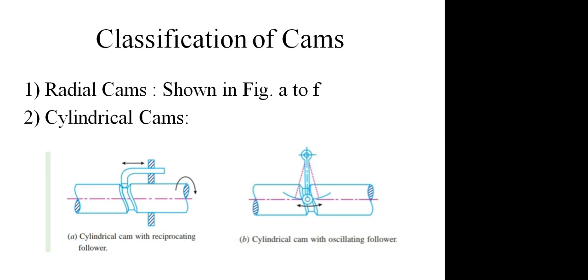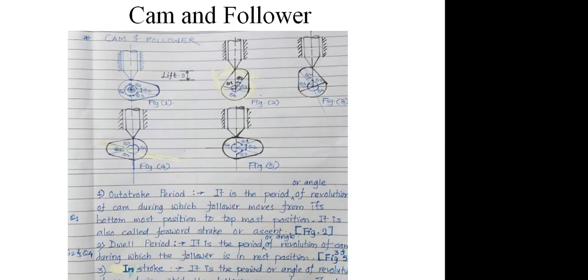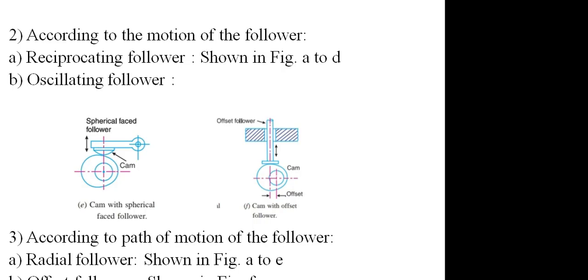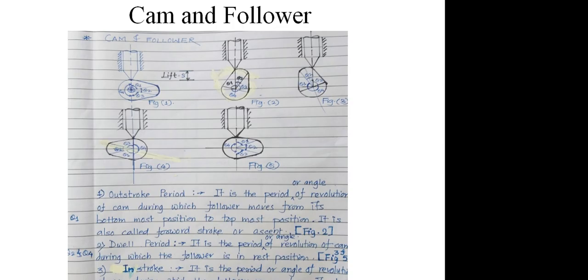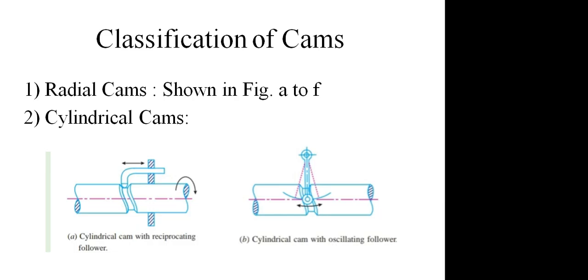So there are two major types of cams. First one is radial cams and second one is cylindrical cams. Now in radial cams, whatever cams we have seen in the previous geometries, in these cam and follower mechanisms, the motion of the follower is always perpendicular to the axis of cam.